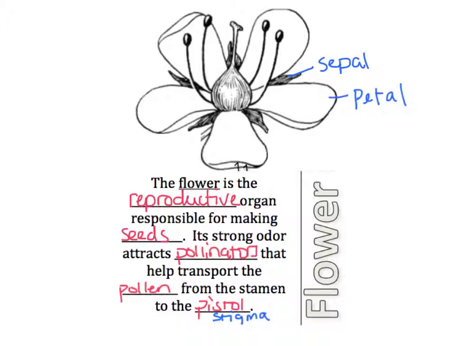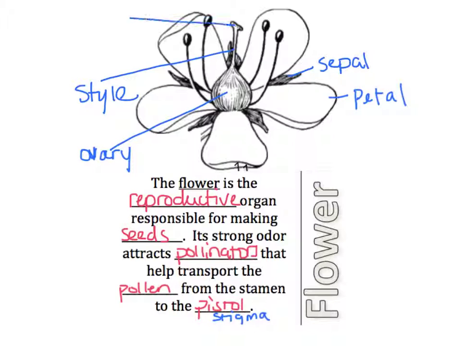So at the base here of the female portion of the plant, we have the widest area being the ovary. The piece of the plant that branches out from the ovary then is what we call the style. And then up here at the top, what do we call the top portion of the female pieces?